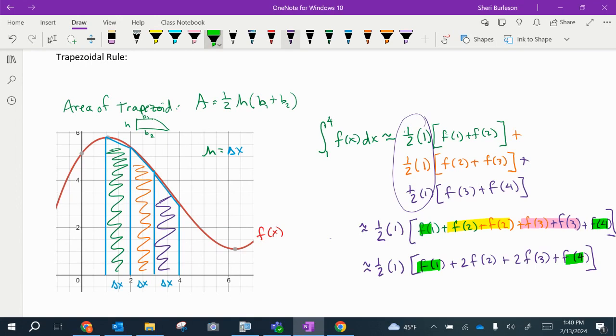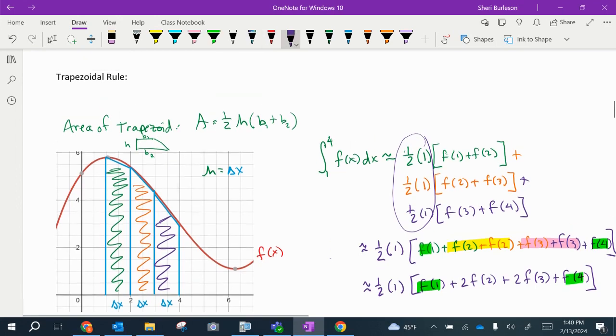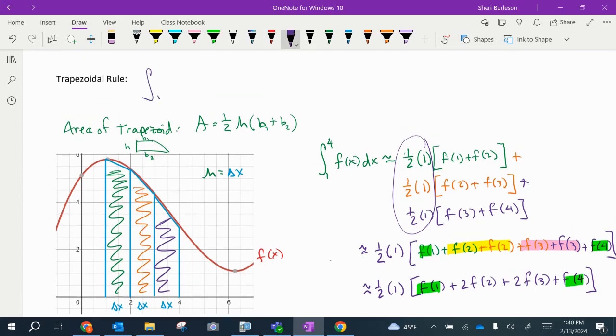So what I have here, if I am approximating from a to b of f of x dx, I am going to have 1/2. The 1 was my delta x.